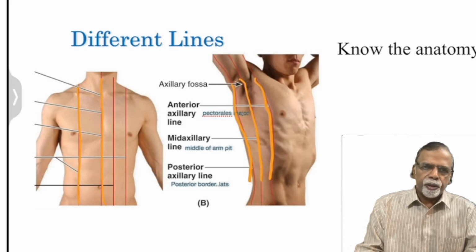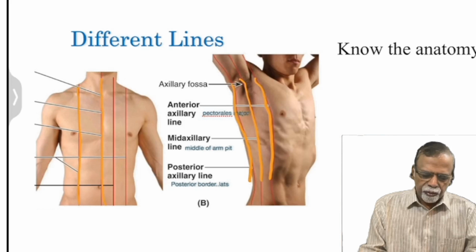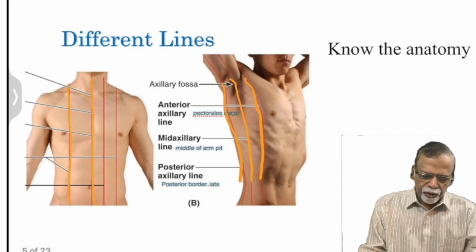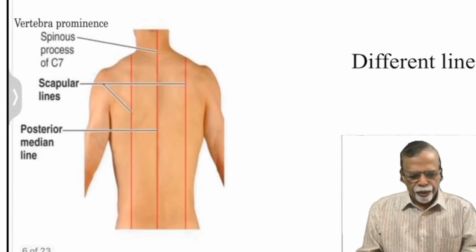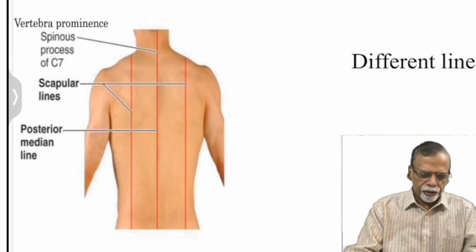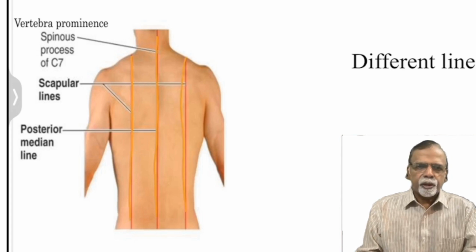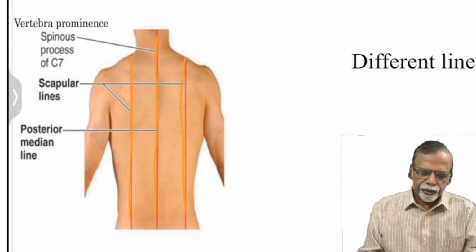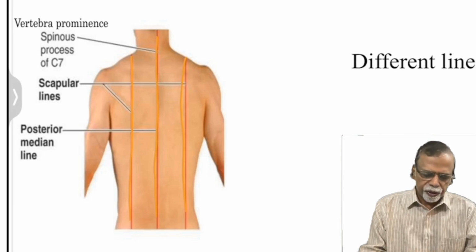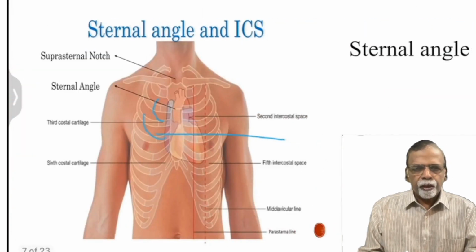These are important during description of the abnormalities in the chest. Posteriorly you can see the posterior median line and the posterior scapular line. So these are the lines that you should remember during respiratory examination.